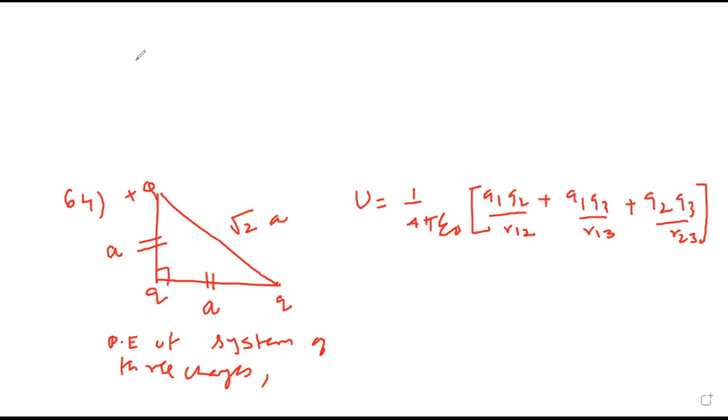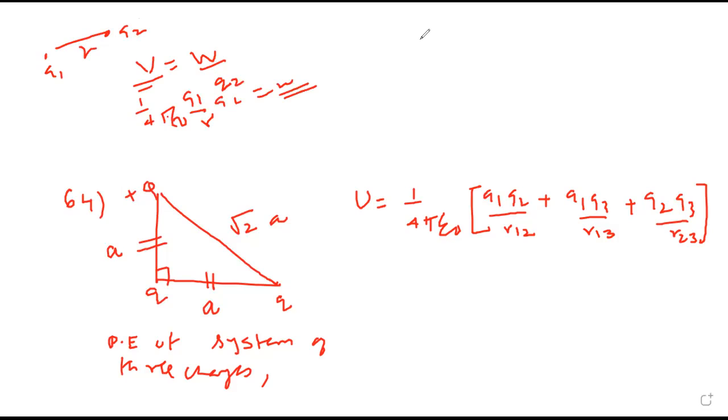That means, see, potential is work done to move the charge. If this charge is q1 and q2 is moved, then potential at distance r is 1 upon 4 pi epsilon naught q1 upon r. Now multiply by q2, you get work. Work means potential energy. So that's why this formula is obtained for a system of three charges.